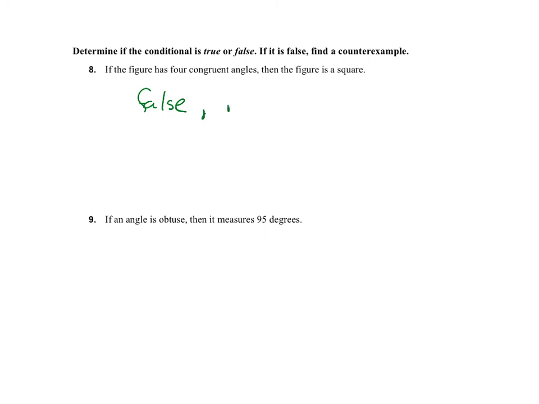Why? Because a rectangle has four congruent angles. That's it. As you can see again, I'm proving it false just by stating an example that proves that this is not true, right? If an angle is obtuse, then it measures 95 degrees.